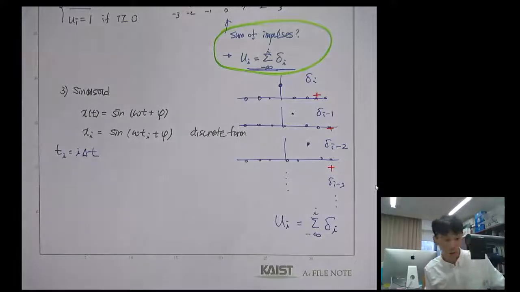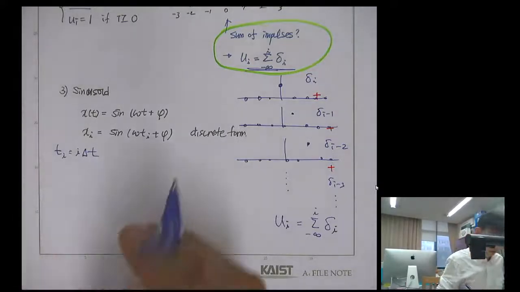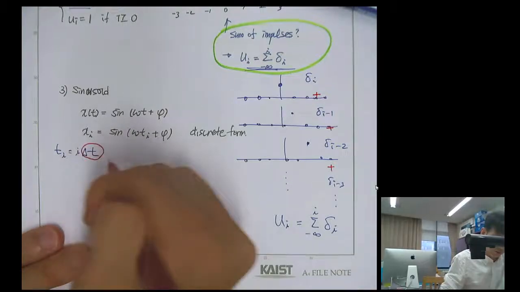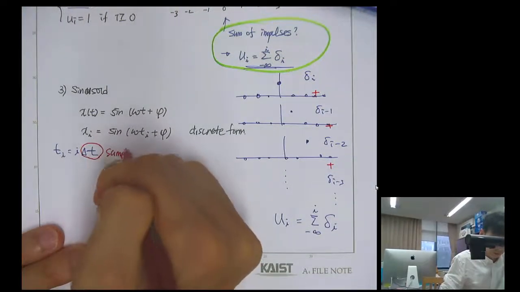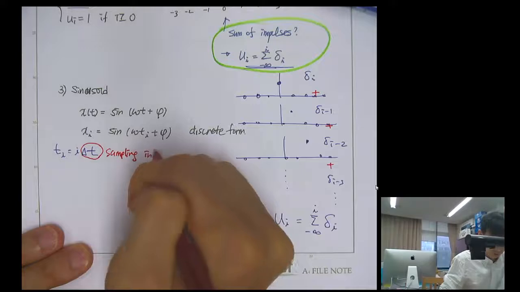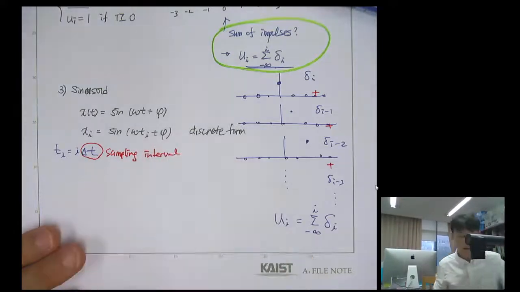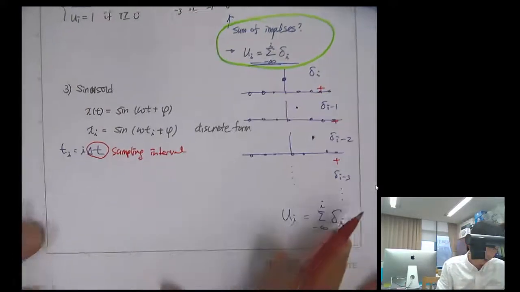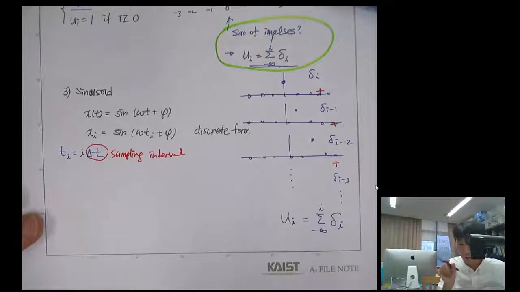So then t_i will be i times delta t, and here the delta t is called the sampling interval. So you can discretize the signals, getting a sample every second, or every 1 microsecond, or every 1 nanosecond. That will be the delta t, the interval between the data.